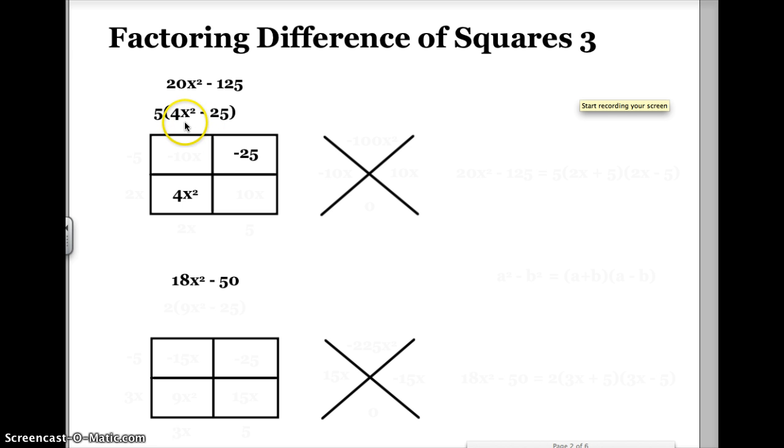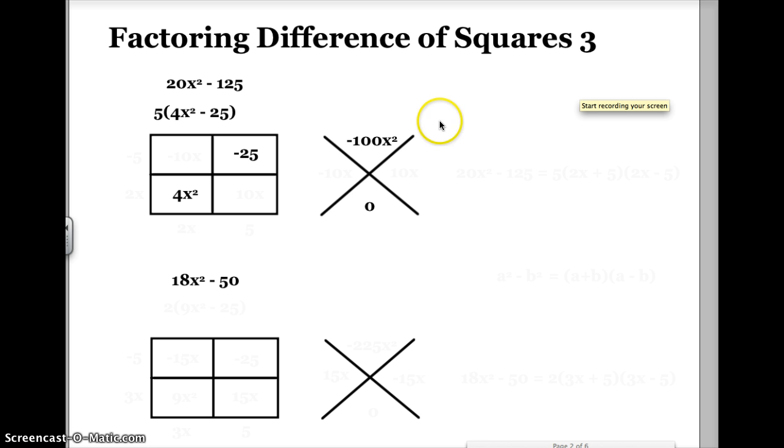I have 4x squareds, I don't have any x's, so I'm going to have 0 in the bottom of my diamond problem. But these two boxes have to add up to 0x, and they have to have a product of negative 25 times 4, which is negative 100x squared.